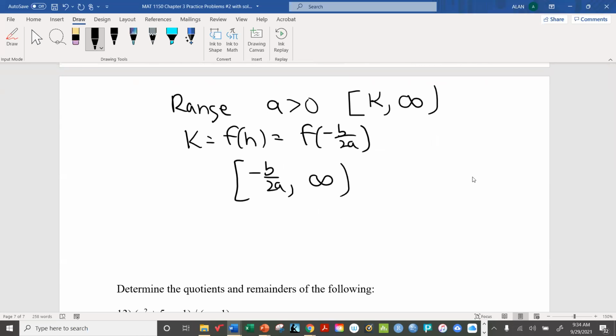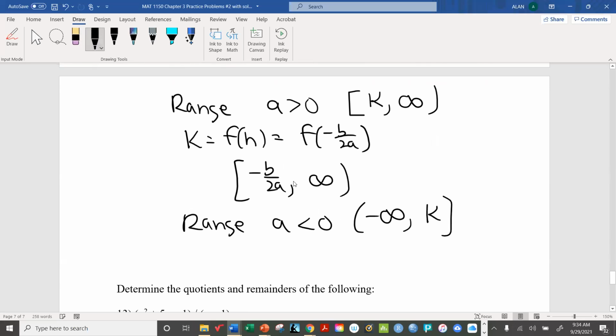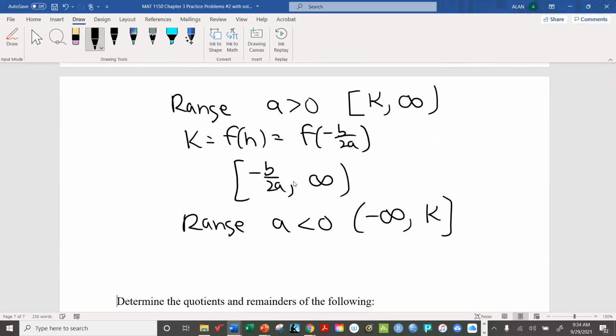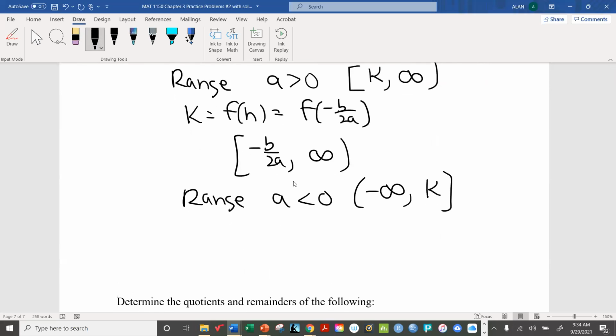And then when a is negative, it just works the other way around. And so K, naturally enough, is f of h, f of negative b over 2a.